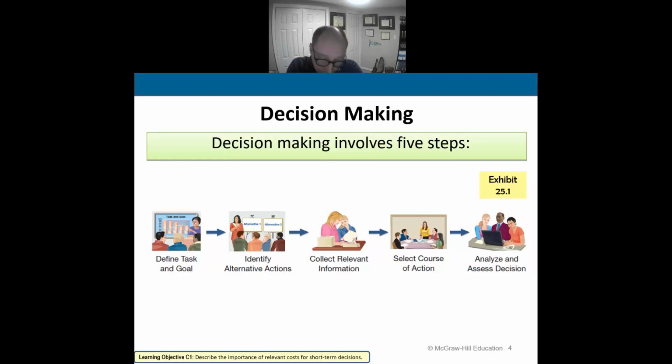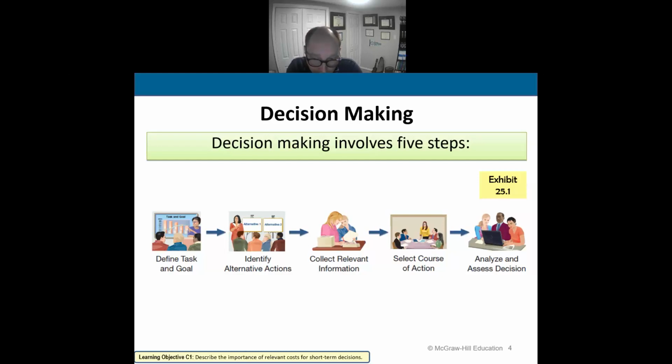So alternative one, do I want to make the product myself? Alternative two, do I want to buy the finished product and then sell it? Those are two alternatives to business decisions that we make on a regular basis. So the second step in the decision-making process is to identify the alternative courses of action.